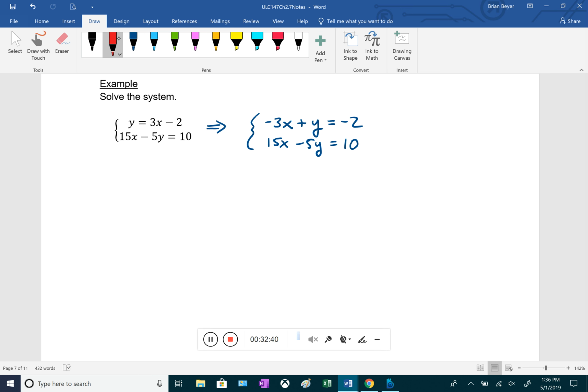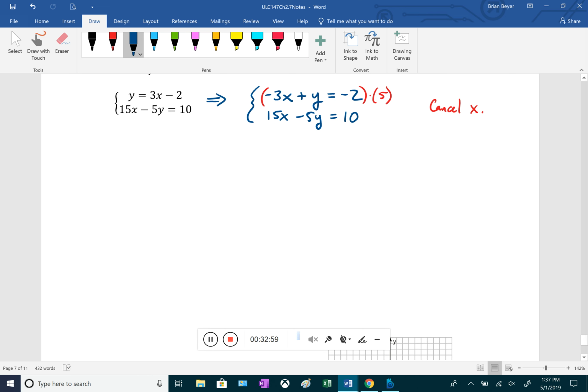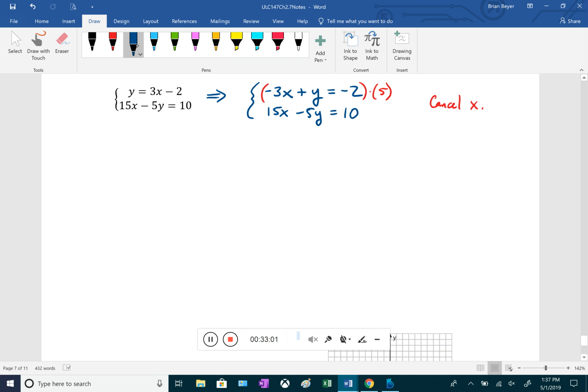To cancel the x variable, we would multiply the first equation by 5 because that would give us a coefficient of -15. When we add them together, it would cancel the x's. So let's rewrite this with that being multiplied by 5. We get -15x plus 5y equals -10.